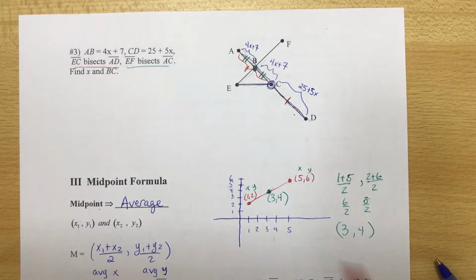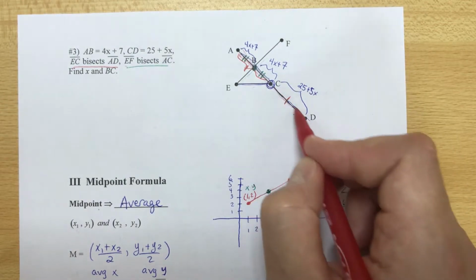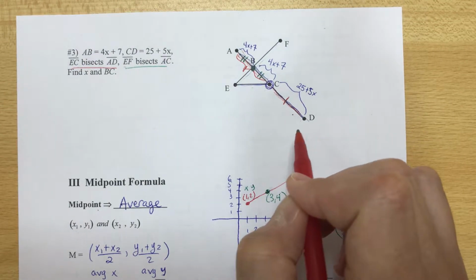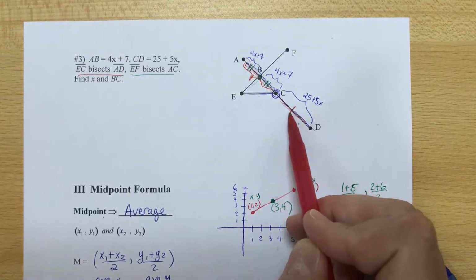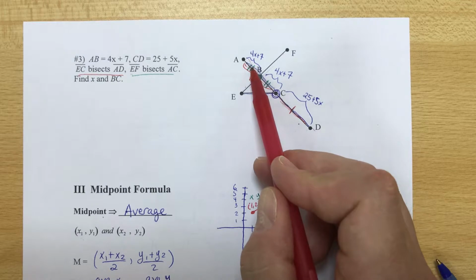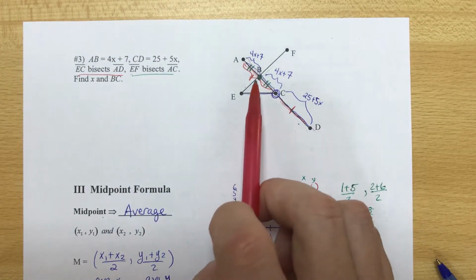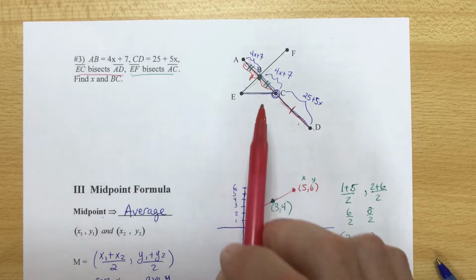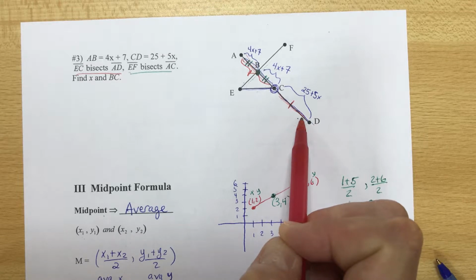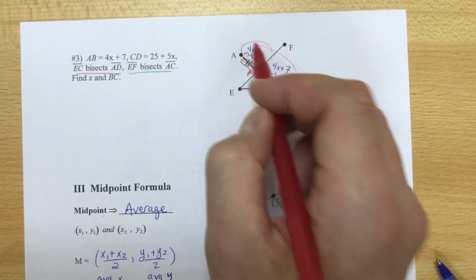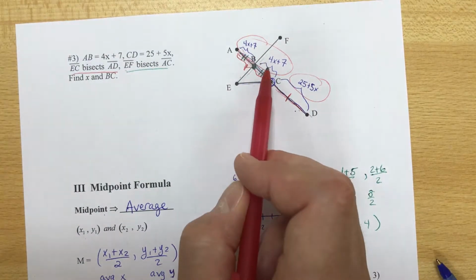However, we do know that AC, this whole thing, is congruent to CD. Notice, by the way, that I marked those with one tally mark here and here, but the smaller ones I marked with 2. The reason I use different numbers is so that I don't confuse the different segments. So I can say that AC is congruent to segment CD. That means this whole thing is congruent or equal to this whole thing. So how do I find the whole thing here?